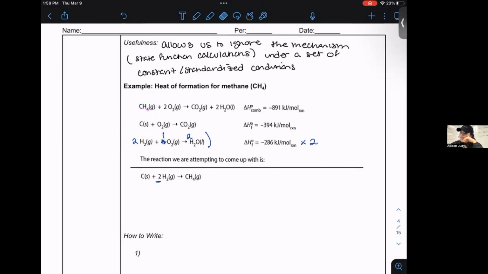Now I'm going to look at the one above and say, I really like that I see CH4, but it needs to flip. So I'm going to rewrite this as CO2 plus 2H2O goes to CH4 plus 2O2.